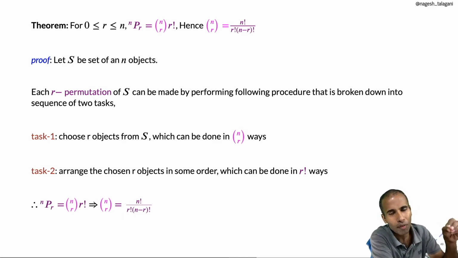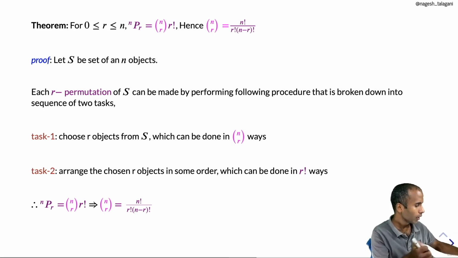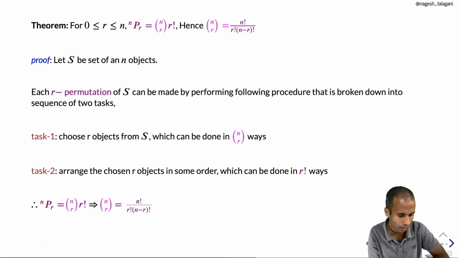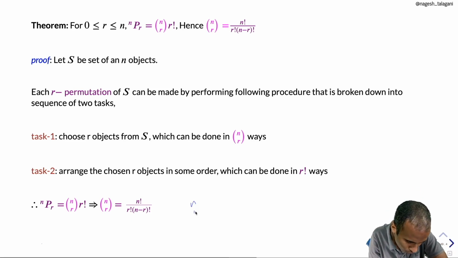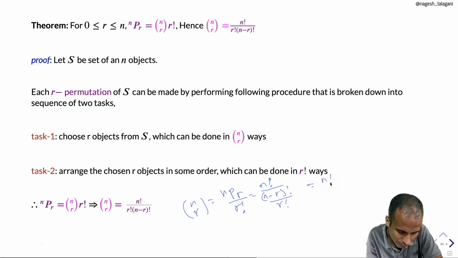So the number of r-permutations should be n choose r times r factorial. Therefore P(n,r) equals n choose r times r factorial. That gives n choose r equal to P(n,r) divided by r factorial. But we already know P(n,r) is n factorial divided by (n minus r) factorial. This simplifies to n factorial divided by r factorial times (n minus r) factorial.